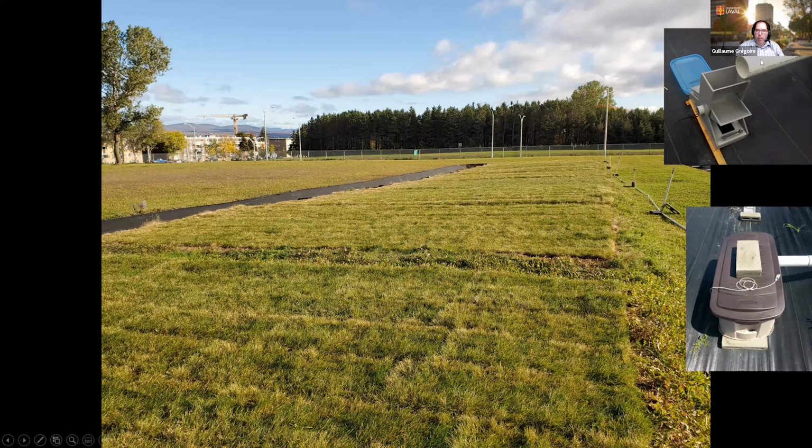I told you about the tipping bucket. So this is a drain that comes out of one of the plots. Water goes to this tipping bucket. Basically, there's an axle here. And whenever there's 500 milliliters of water that goes into the tipping bucket, there's a tip. The tip is registered through a data logger, that you see the wire here, which allows us to count the total leachate volume.